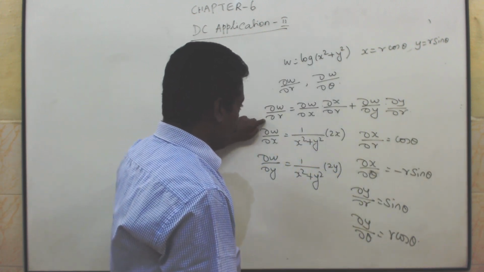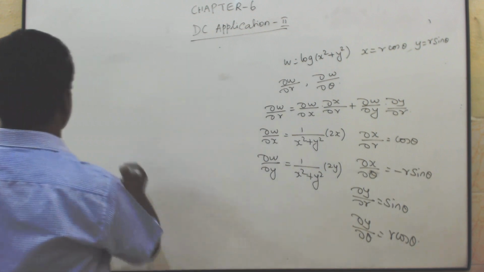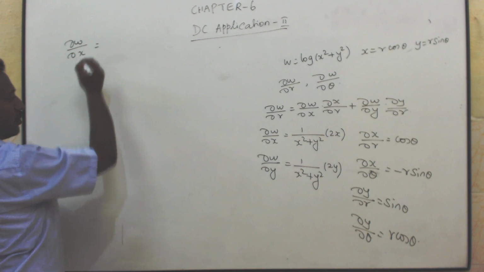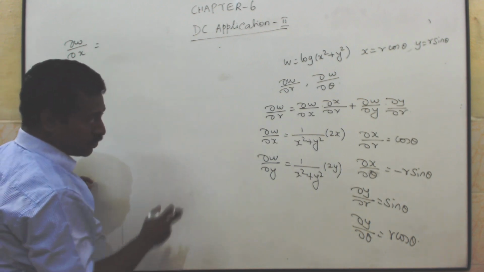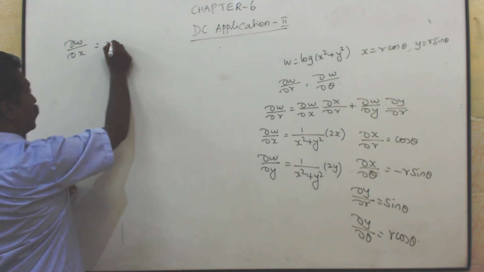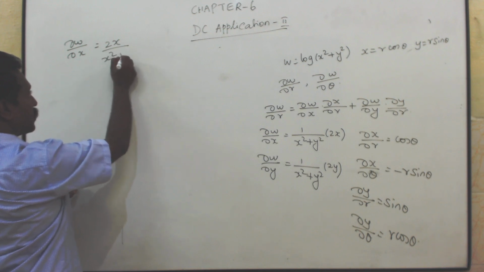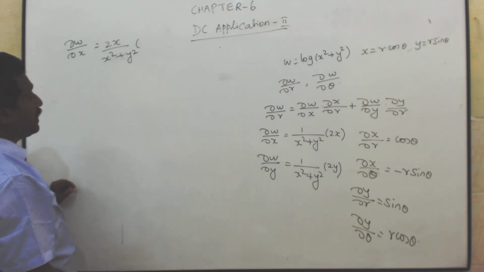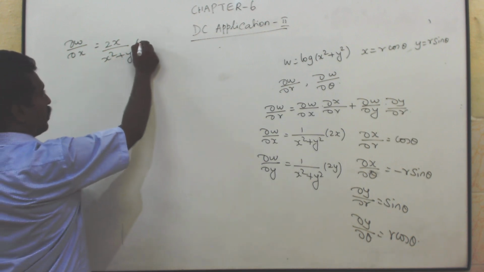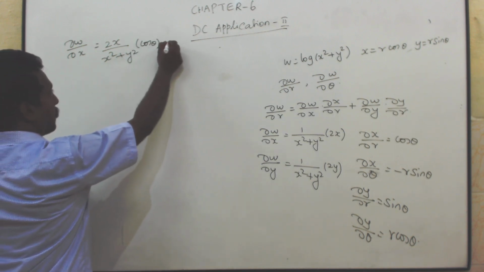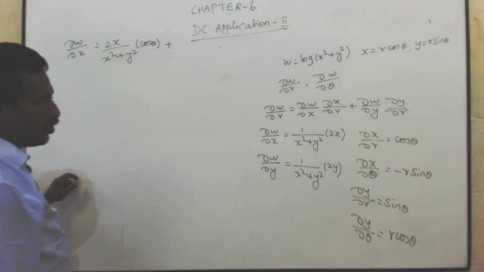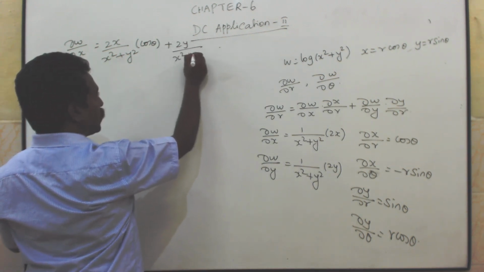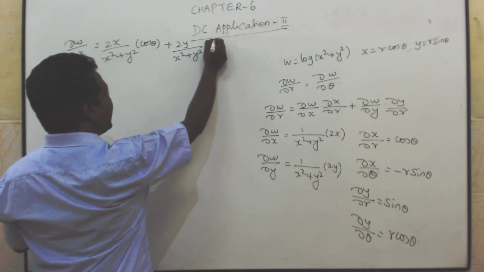So what is the formula to find ∂w/∂r? ∂w/∂r equal to ∂w/∂x into ∂x/∂r plus ∂w/∂y into ∂y/∂r. ∂w/∂x is 2x by x square plus y square, into ∂x/∂r, whose value is cos theta, plus ∂w/∂y is 2y by x square plus y square, into sin theta.